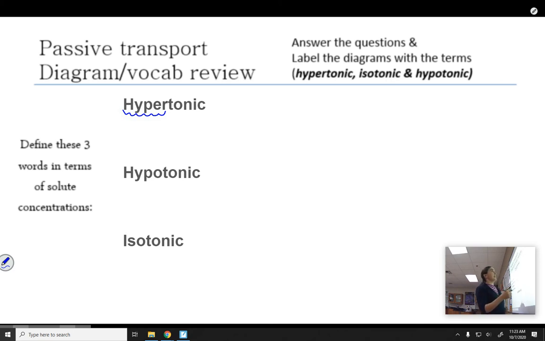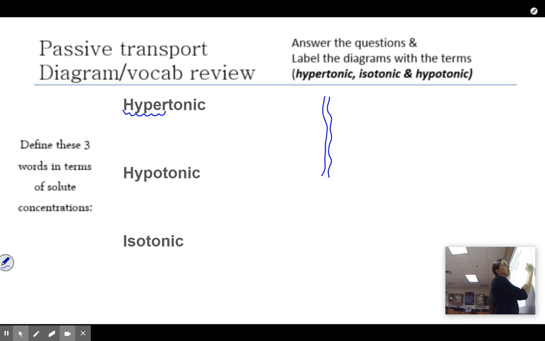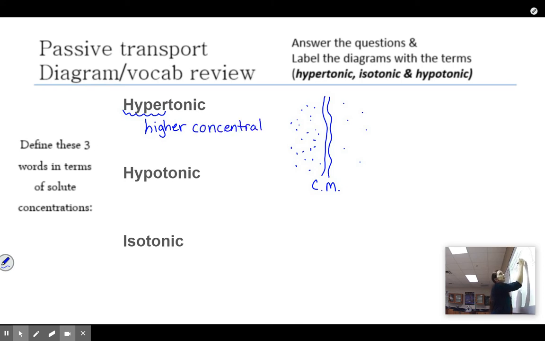So a hypertonic solution, if this is my cell membrane right here, one side of the membrane might have a lot of dissolved particles on it, and the other side might only have a few. The side with a higher concentration of dissolved particles would be the hypertonic side.